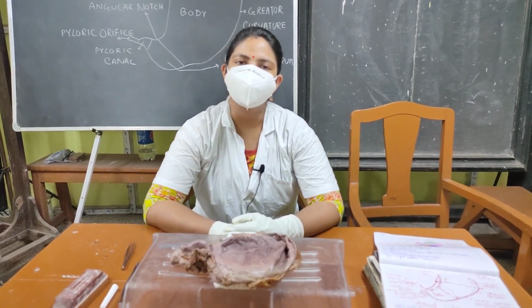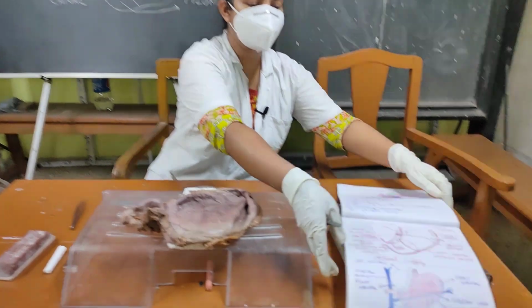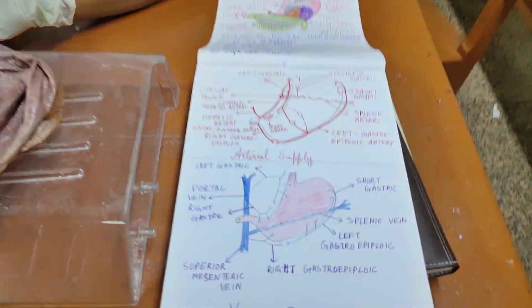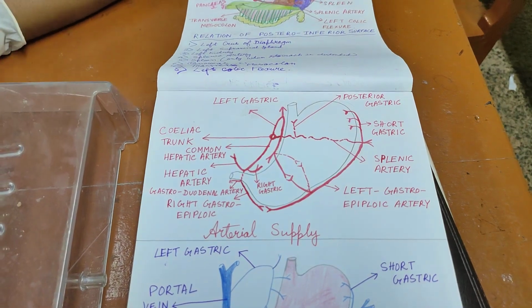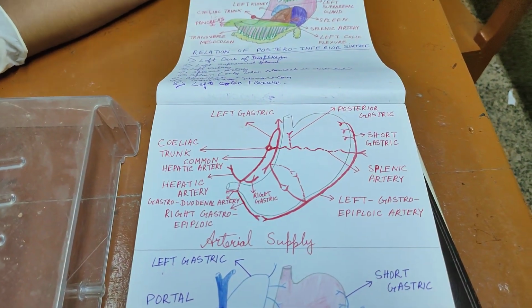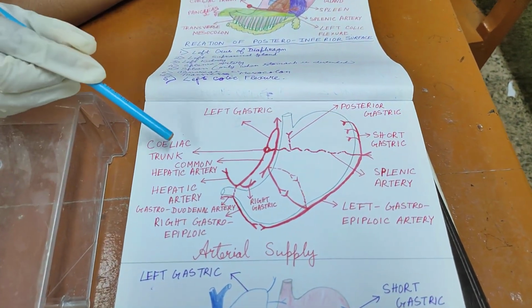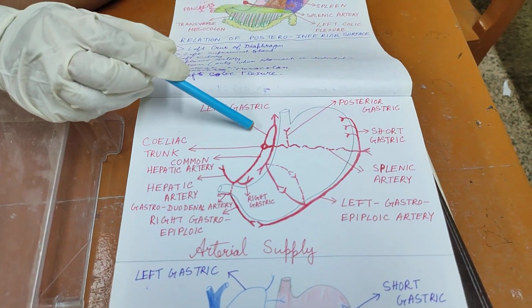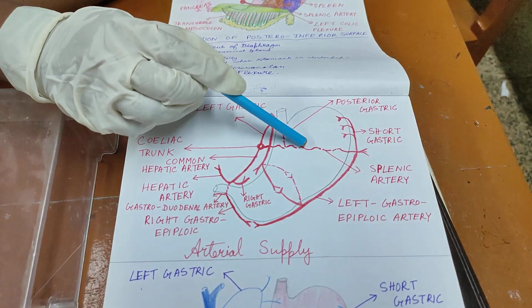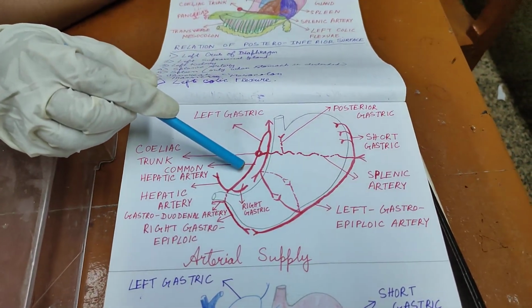Now, let us come to the vascular supply. Look at this picture. The stomach is supplied either directly by the celiac trunk or by the branches of the celiac trunk. The celiac trunk branches include left gastric artery, splenic artery and common hepatic artery.